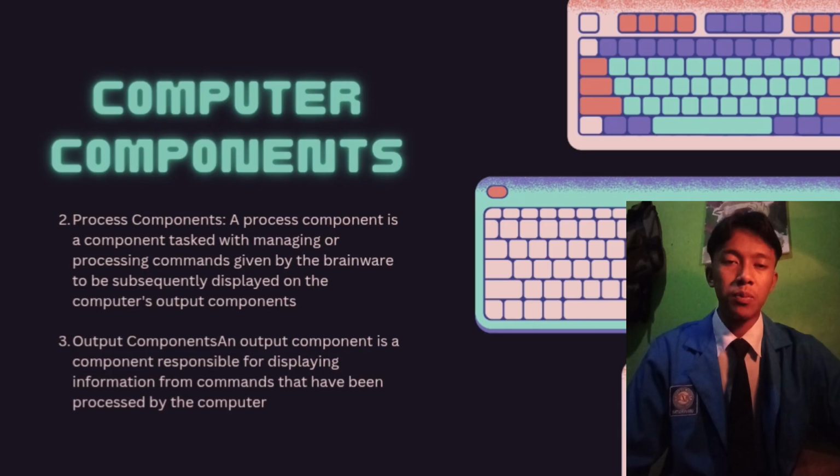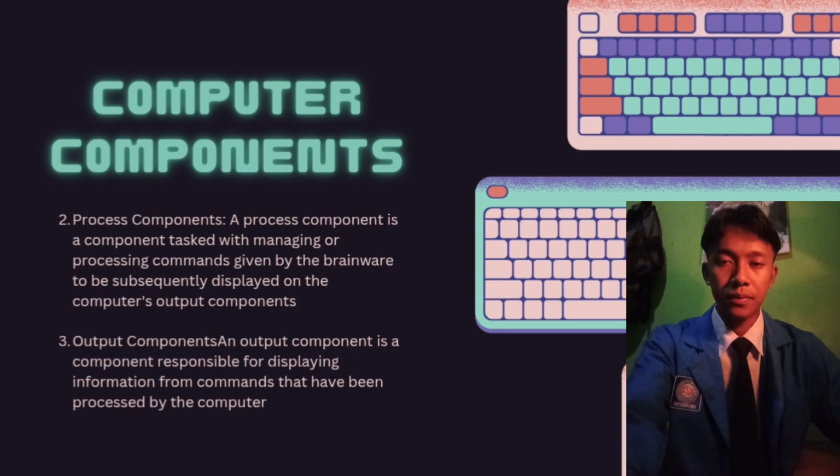Number 3, output component. Output components are responsible for displaying information or result for the command that have been processed by the computer. Some example of output components include the monitor, speaker, and printer.